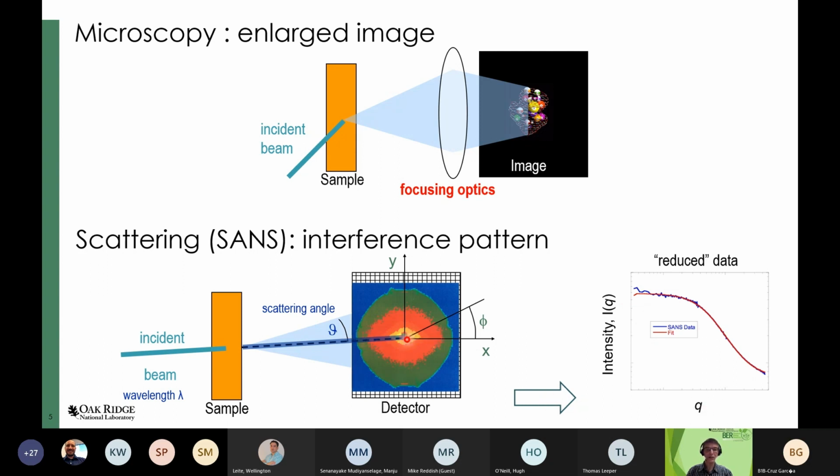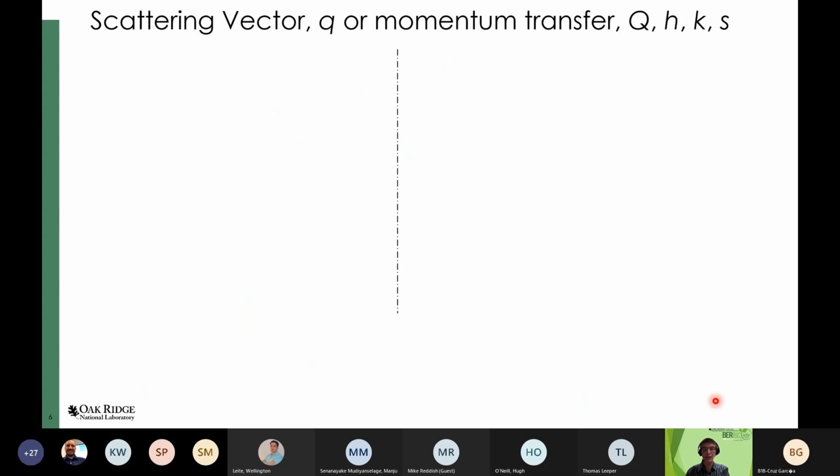So as you go from high intensity in the center to lower intensity outward, typically, not always, but typically, you get a drop off like this. And so many scattering curves look somewhat similar to this. And then, yeah, so that's called the reduced data. Now, the scattering vector here is not just the angle, as it also includes information on the wavelengths, and I'll get to this next.